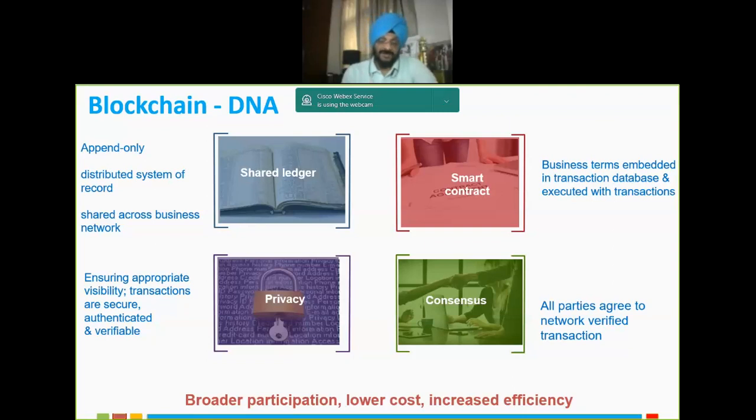And you have the privacy, where it ensures visibility, transaction security, and authentication, and all these transactions are verifiable. So this is how it's giving you broader participation, lower cost, and increased efficiency. This I have discussed.